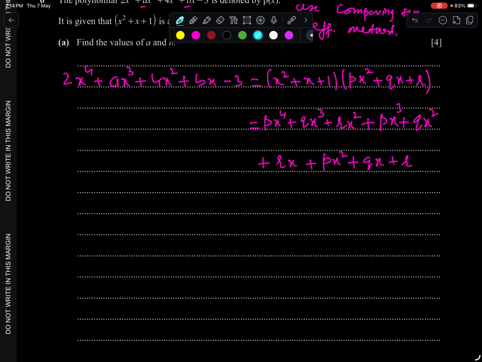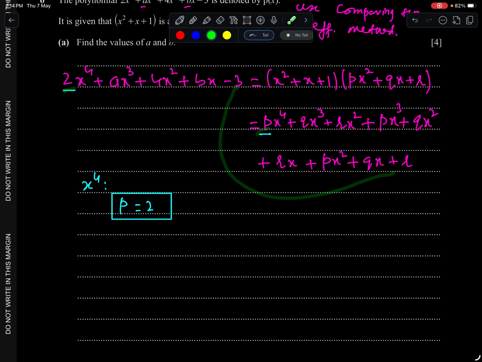At first I am comparing coefficients of power 4 on both sides. The coefficient is 2 here and p here. Therefore p is 2. Always compare the highest power's coefficient at first and then the constant. This will make calculations simple and fast.